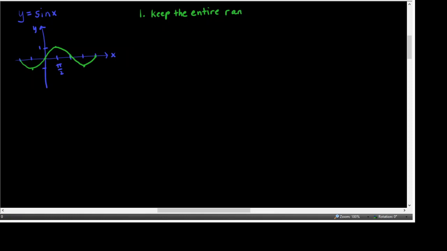So if you look at that graph, its range is from -1 to 1. So I can't, for example, just have my restriction cover only 0 to 1. It has to have every y value represented in it. Okay? 2.